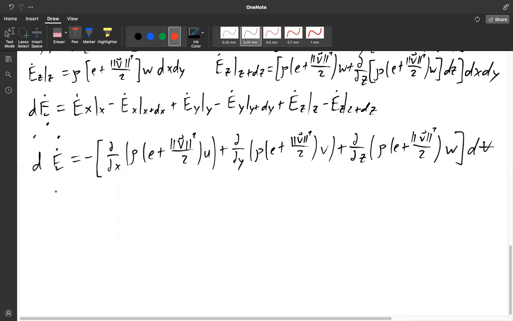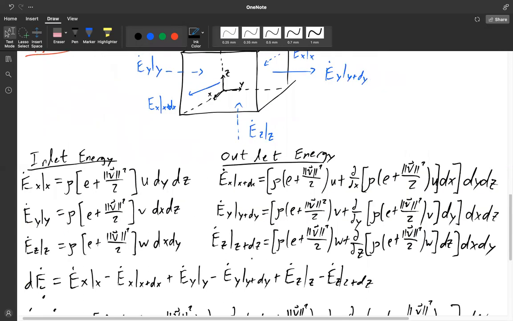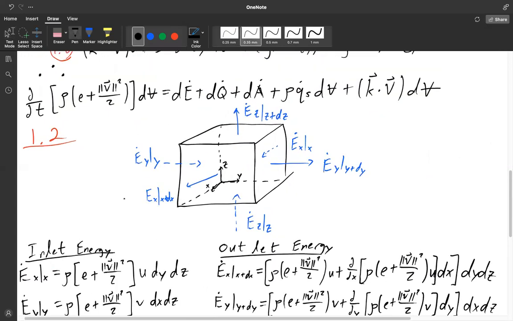Now we can move on to 1.3 with the heat transfer. So again, we'll draw out another free body diagram, and let's actually take this free body diagram.